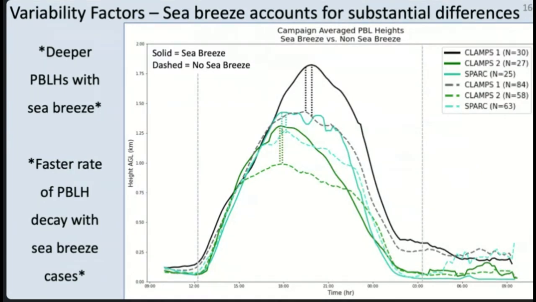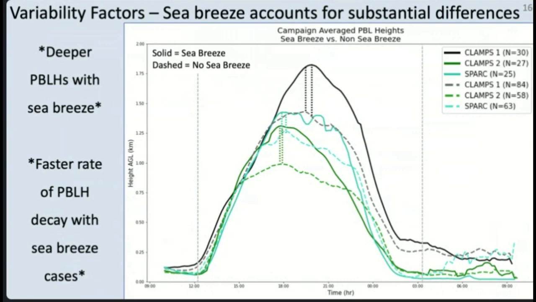Yeah, so it's interesting because we showed the example case where you have an immediate decrease in the PBL height. That's not always what happens with the sea breeze passage. This is looking at an average sense, but because our sea breeze happens at different times, you have to keep that in the back of your mind.